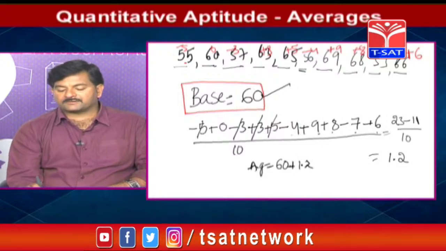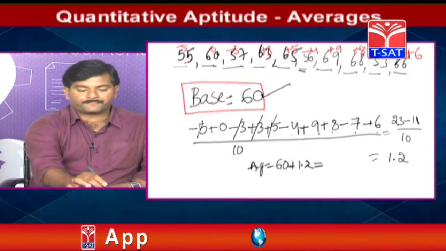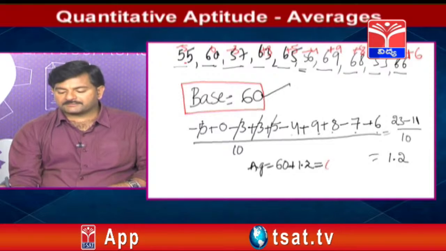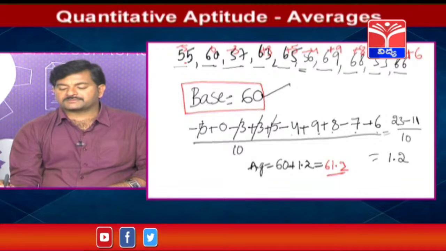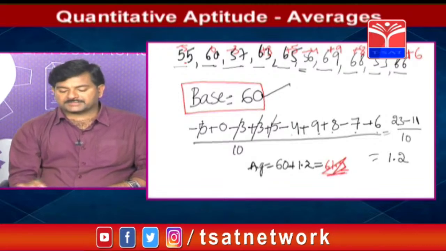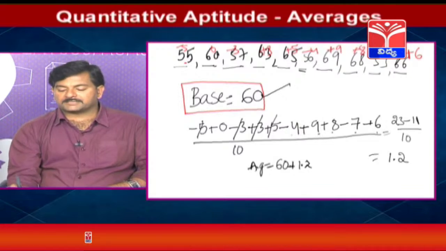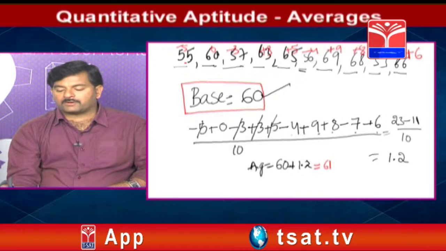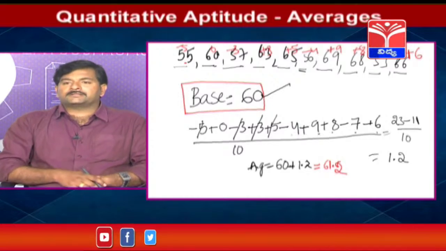So 60 plus 1.2 means what is our final answer? 61.2. Are you getting it? 61.2 is the average of all the given observations. So 61.2 is the answer. I repeat, the final answer is 61.2.